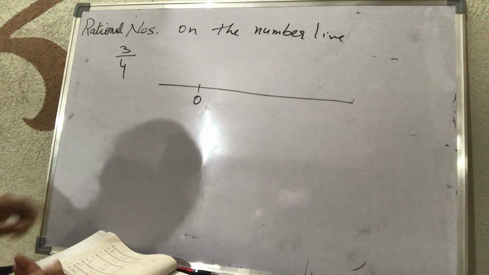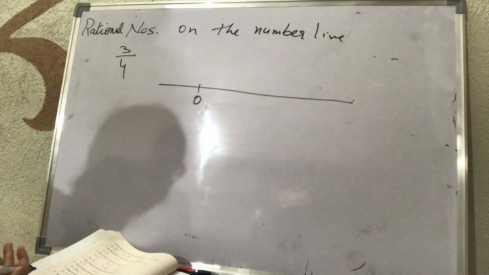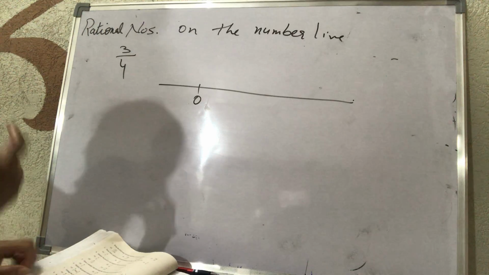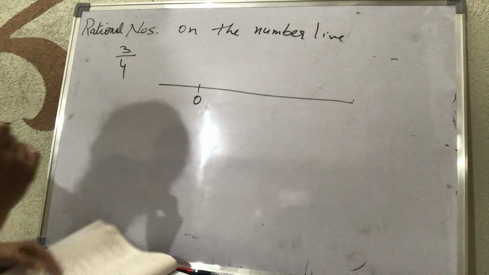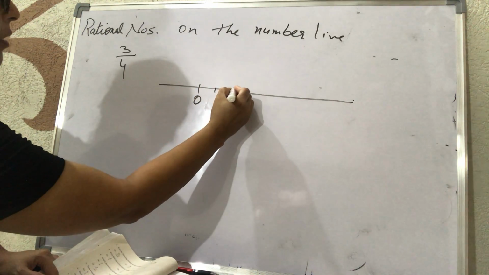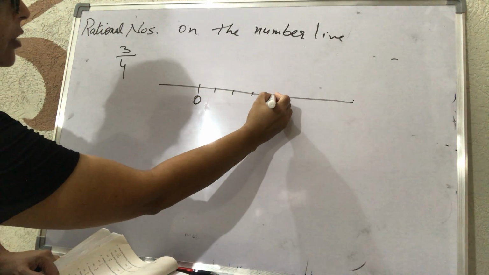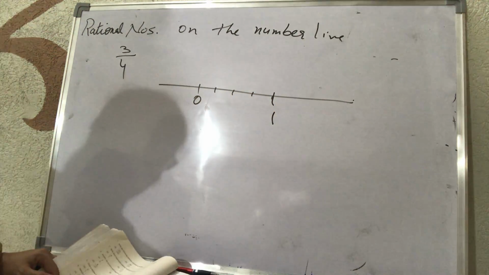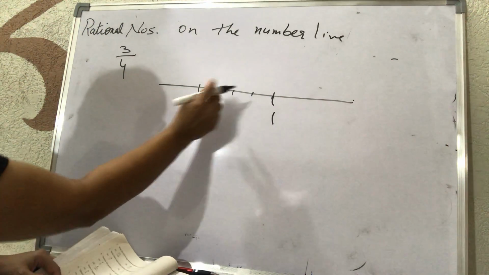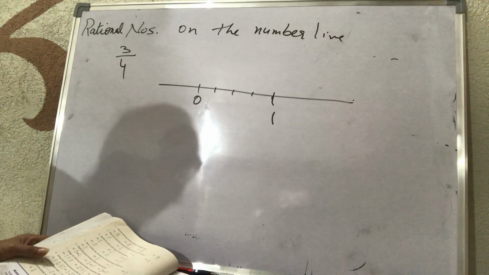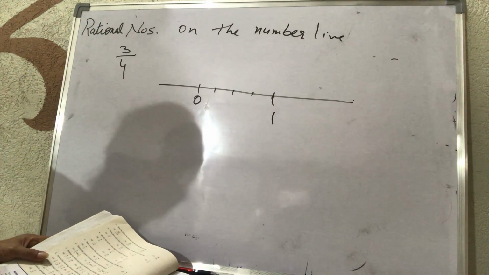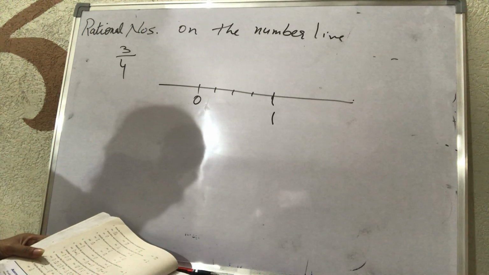Now everybody will look at the denominator. The denominator is 4. We will make 4 equal parts between 0 and 1. 1, 2, 3 and 4. That fourth part will be 1. These are the 4 equal parts. Mind that the number line should always be drawn with a scale and pencil, not with a pen.